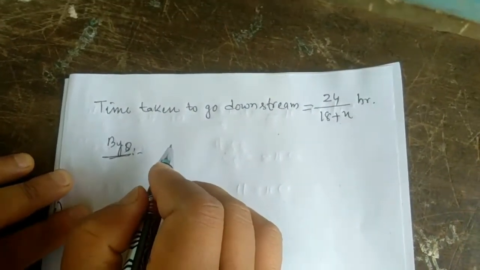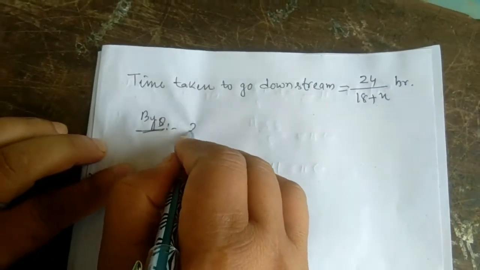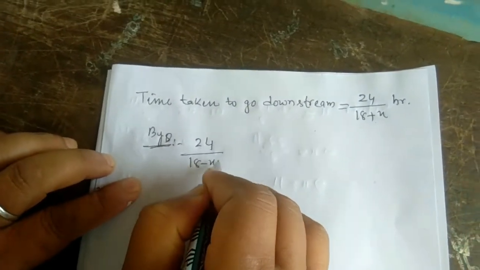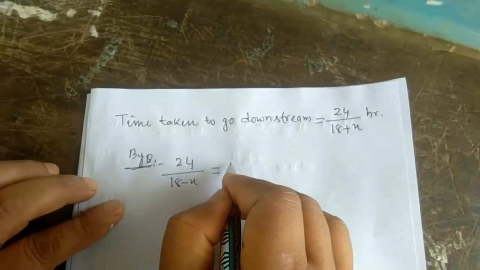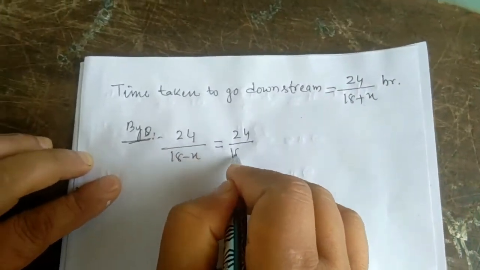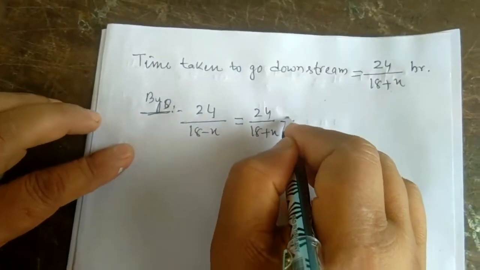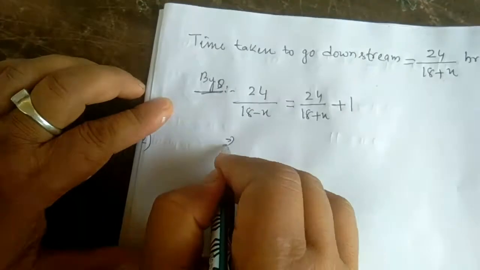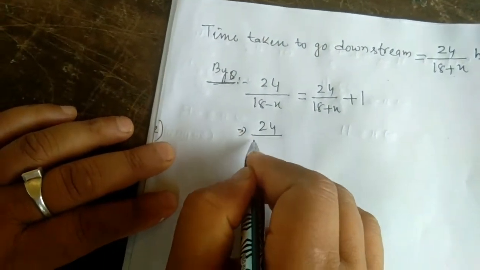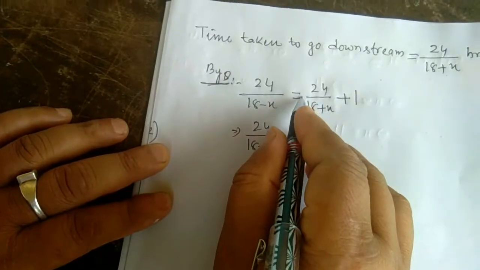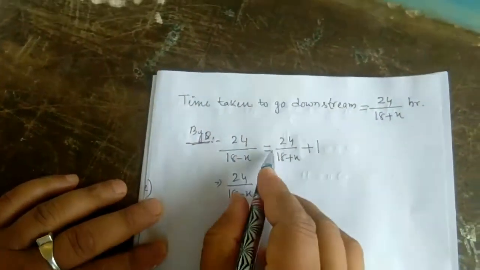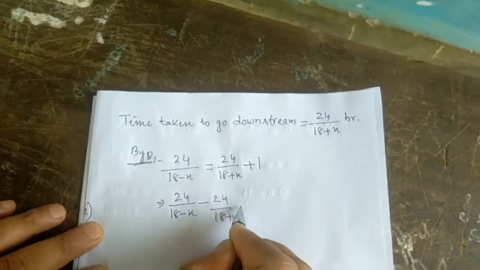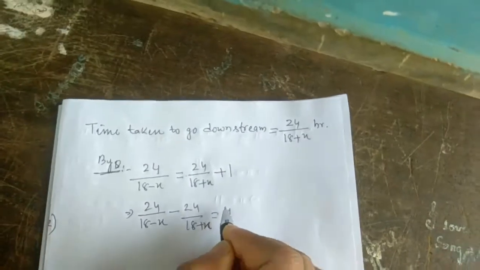So by the question, to go 24 km upstream it will take 1 hour more than to return downstream. 1 hour more means plus 1. Now how to solve? 24 by 18 minus x, and bringing this term to the left side it becomes negative, 24 by 18 plus x equal to 1.